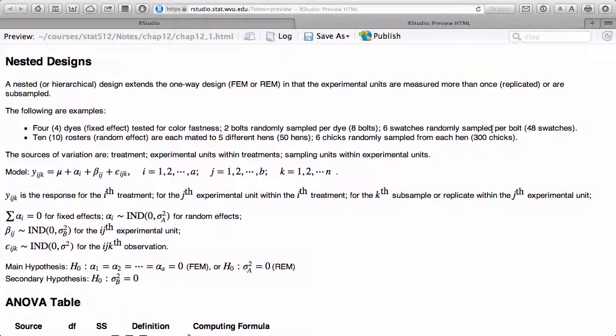So in our model, mu plus alpha sub i plus beta sub ij, notice there's no effect that only has a subscript j. It's not like alpha sub i plus beta sub j plus c sub ij. There is no effect that only has a subscript j, and that is because j is specific to an i. In other words, the subsamples j are specific to an i.